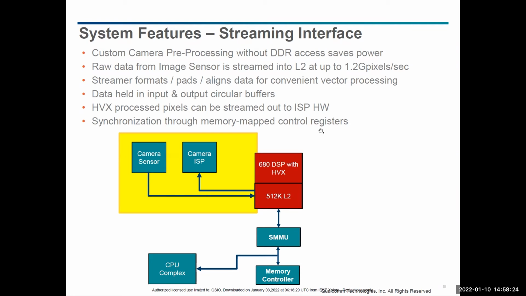So, like I mentioned about the control registers, in these control registers we also pass the L2 address, or the cache address, where the data needs to be streamed.